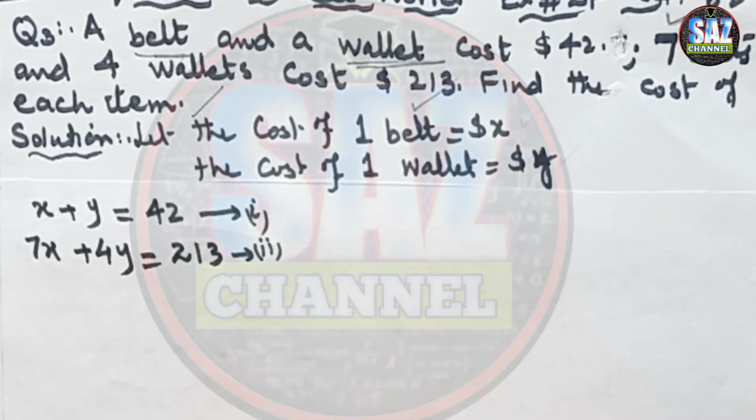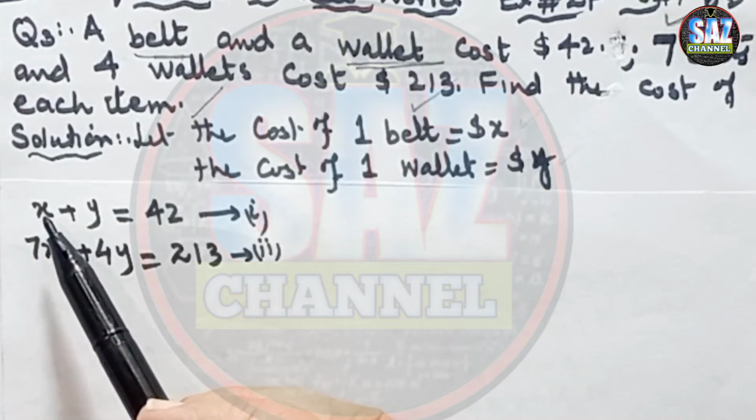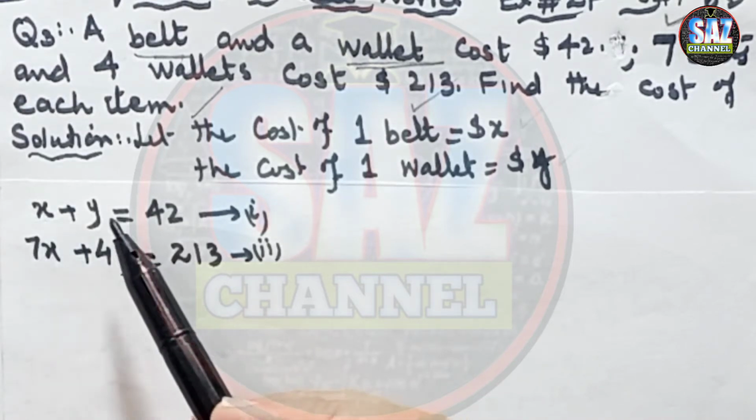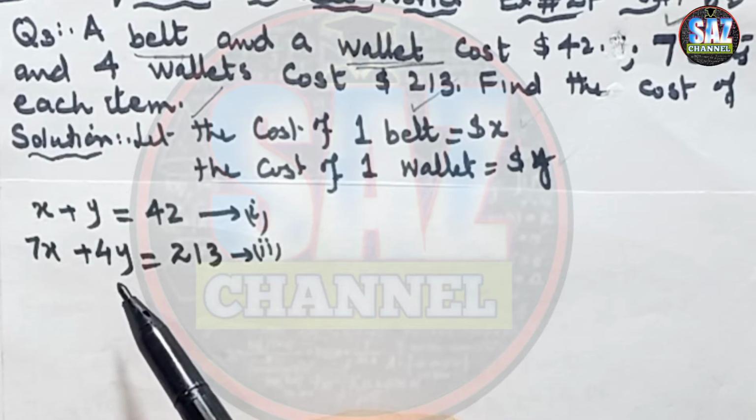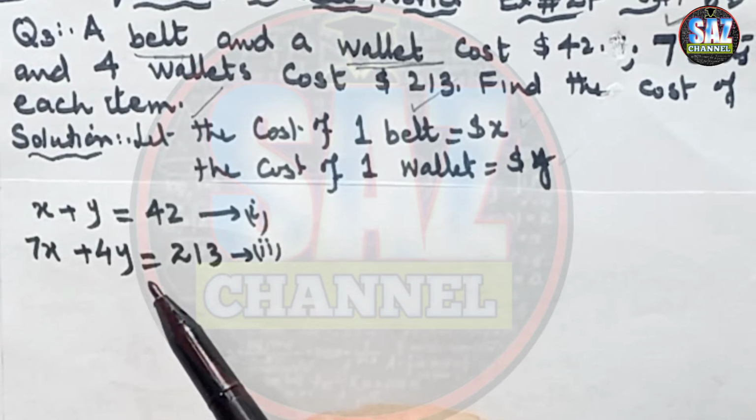It's time to decide by which method we are going to solve this question. If we look at the coefficients of x, they're not the same, and the coefficients of y are not the same. So either I can go with the elimination method, but I will prefer the substitution method here.